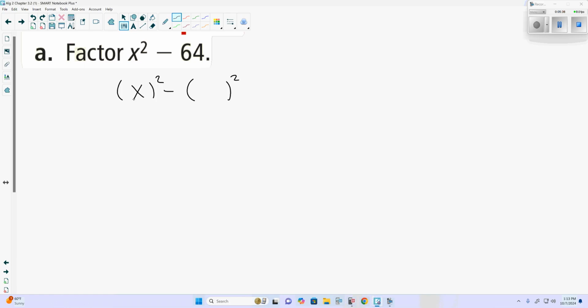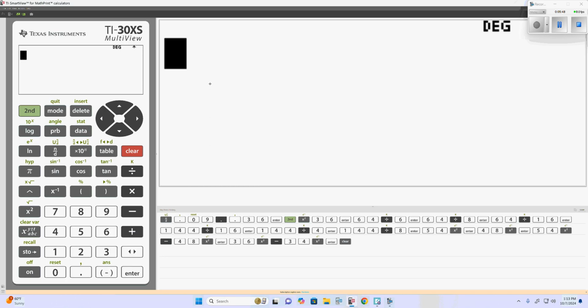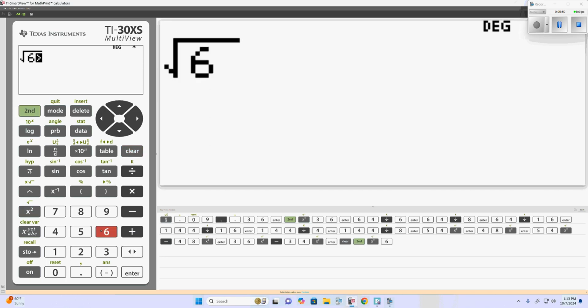X. Now what times itself is 64? If we're not sure, we can always grab the calculator and take the square root of 64, because the square root of a number gives us a number that we would multiply by itself.